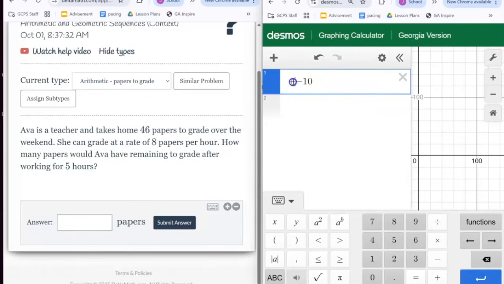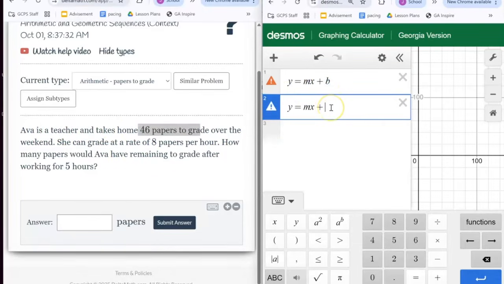So this is going to be y equals mx plus b. And that means I just need the number that happens one time and the number that keeps repeating, correct? So she's a teacher. She takes home 46 papers. What is she starting with? 46 papers, right? She's going home to grade 46 papers. So that's my plus b. As I grade, I'm grading 8 papers every 1 hour.